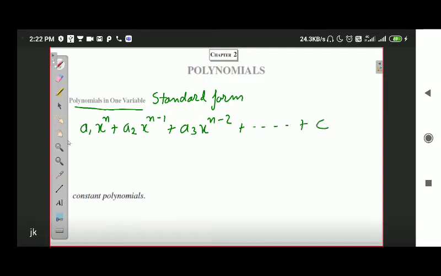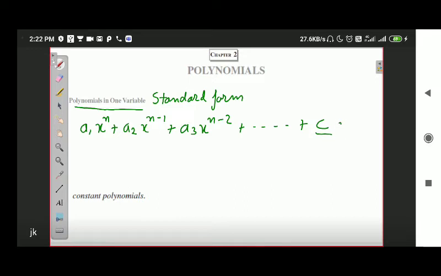What does it signify? a1, a2, a3 and so on are all constants, all coefficients of x. x to the power n is the highest power of x. After that you have a smaller power of x, after that one smaller power and so on. At the end of the polynomial you have a constant term devoid of any power of x.